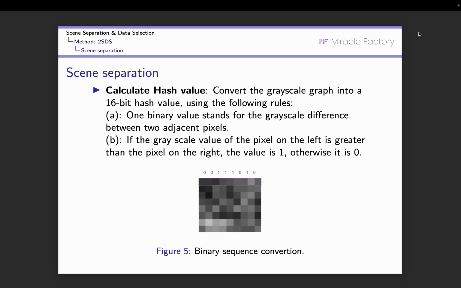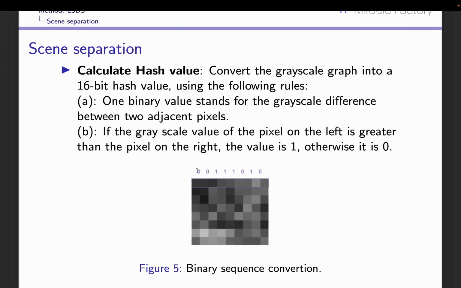The rules are as follows. The first rule is that one binary value stands for the grayscale difference between two adjacent pixels. I'll give you an example here. If you look at figure 5, you can see that the first line here is 0 0 1 1 1 0 1 0.